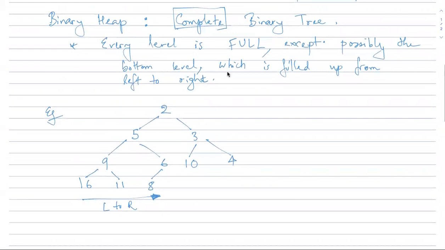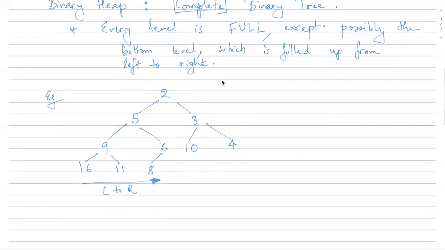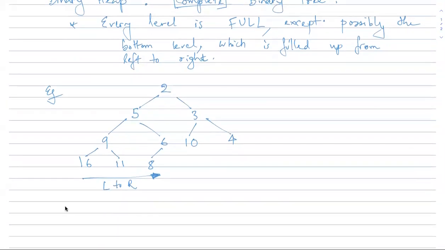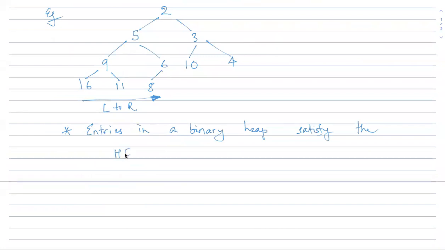So this is the most essential property of a binary heap, that it must be a complete binary tree. But what makes it a binary heap is the heap order property. So the entries in a binary heap satisfy the heap order property.